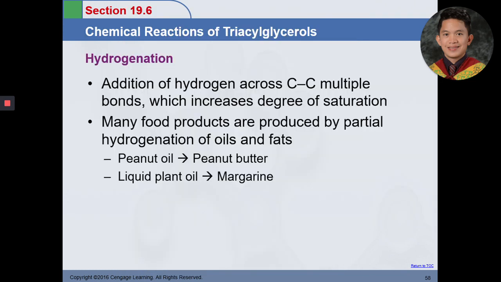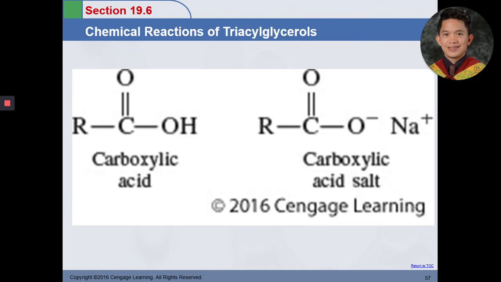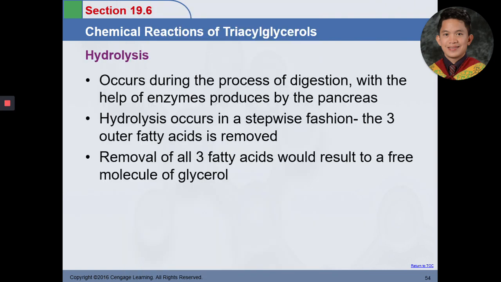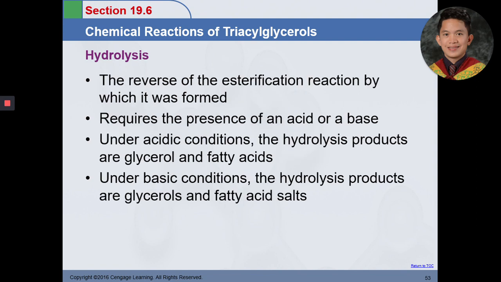For acidic solutions, the products would be the composing molecules or the building blocks of the triacylglycerols, which are, of course, the glycerol and the fatty acids. Now, under basic conditions, we can see here that the products of the hydrolysis are different. That is because in basic solutions, the products are glycerols and fatty acid salts.